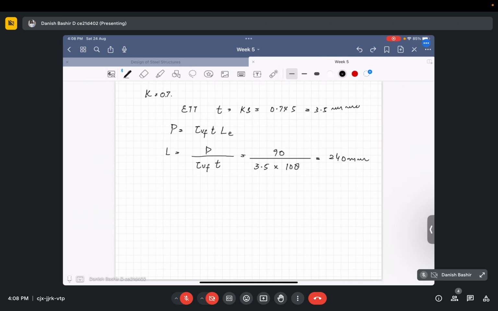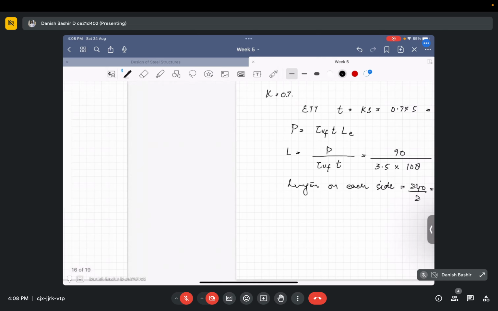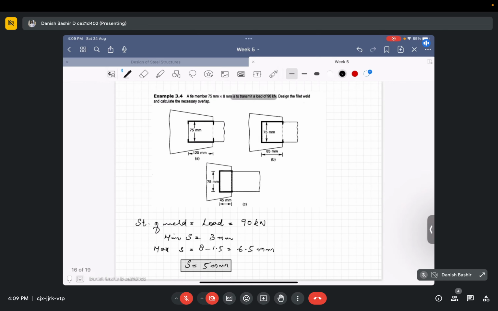So the length on each side is 240 divided by 2, which is equal to 120, and importantly this is not less than 75, because the effective length of a single weld should be greater than the perpendicular distance between the two fillet welds. I already told you this in the specifications.